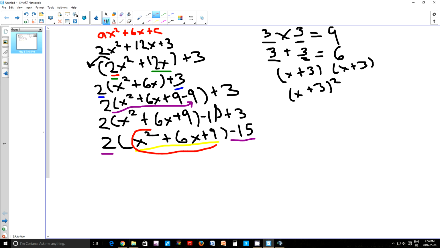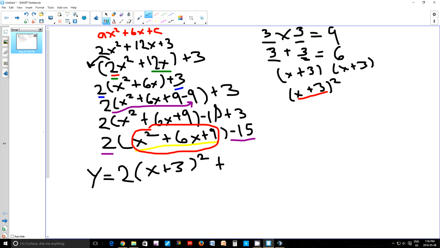Now in your final equation, you will condense this entire part into this. So like this. Follow along. And the final answer will be y equals 2. This is your a term. x plus 3. Remember this part comes in here. Squared. This is your h term.